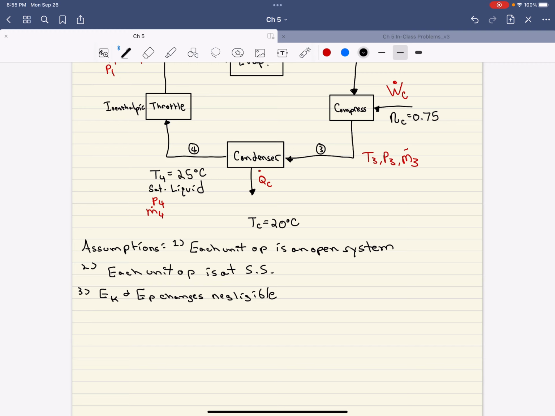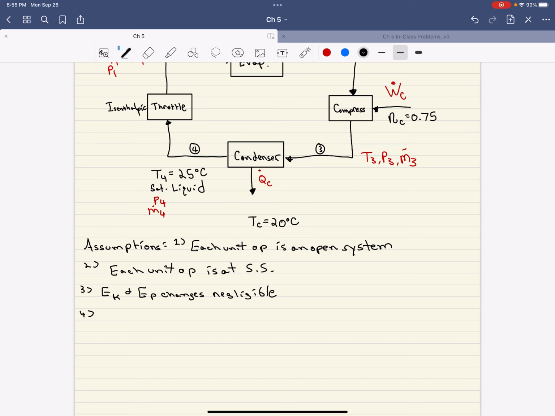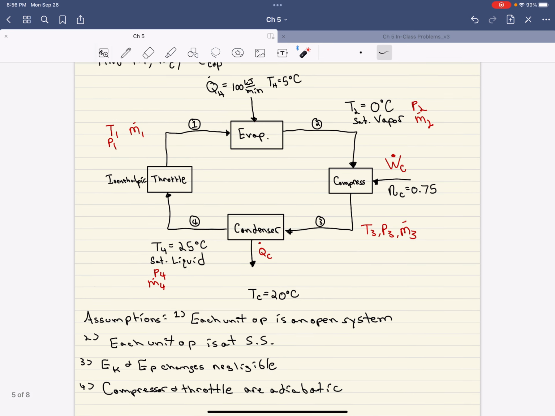And then as far as the assumptions for each of the individual unit operations, for the compressor and the throttle, they're going to be adiabatic. So we're not going to worry about any sort of heat coming out of or into this throttle valve or the compressor.